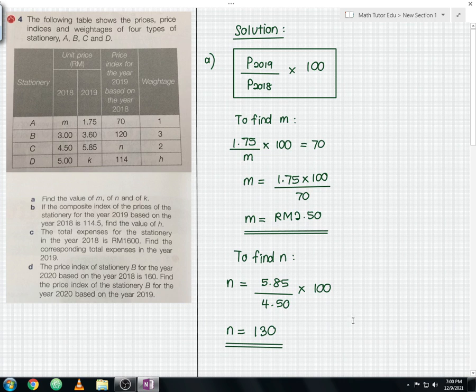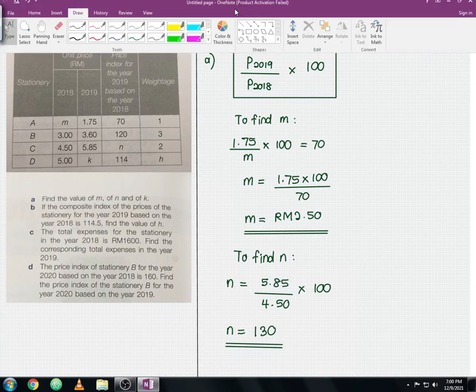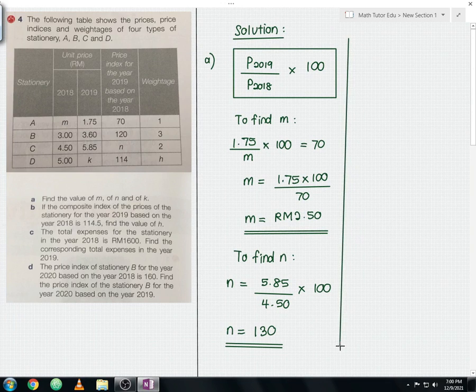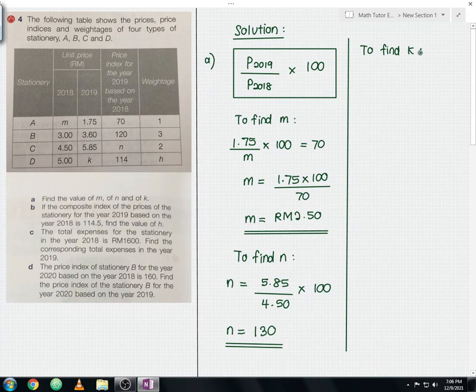Okay, let me create a new line over here and continue my working over the side for the question part A. Now we can proceed to find the value of K. So to find K, K will be divided with 5.00 and you times with 100. You calculate this, you should get your price index is 114. Let me write this properly.